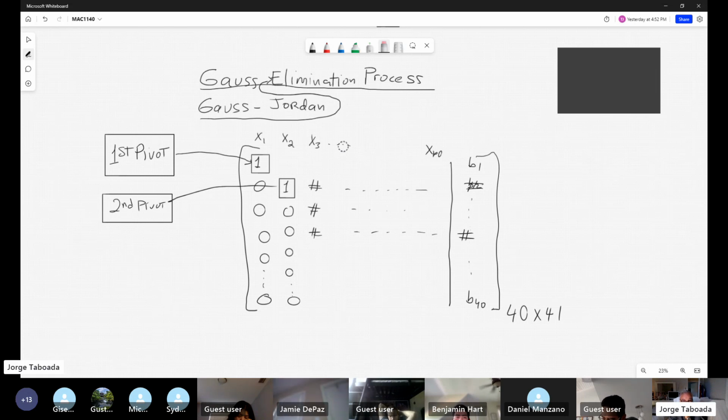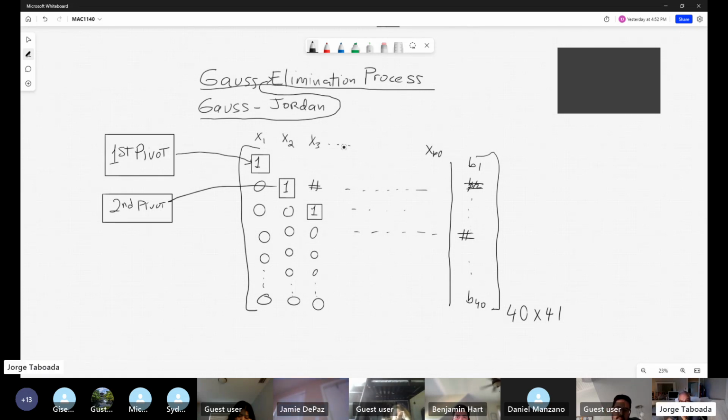Now similar idea with the third pivot. The third pivot is located in the third row here. So you are doing the one again, and using that pivot create 0 below. Do you understand the idea?